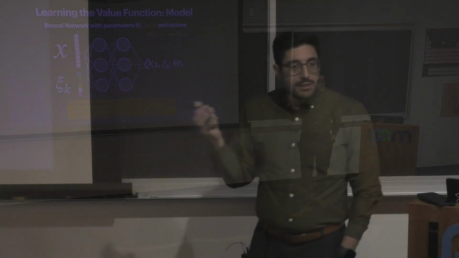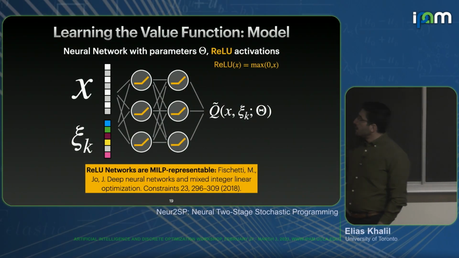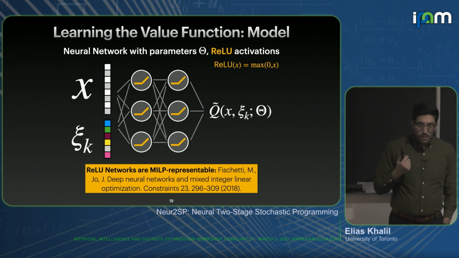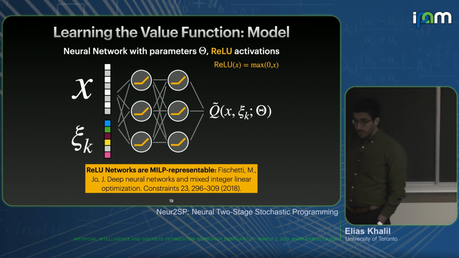So what is the form of this class of functions we're going to consider to do this approximation? We're going to consider the very familiar multi-layer perceptron with ReLU activations. So first things first, what is this model trying to do?